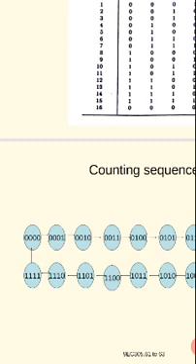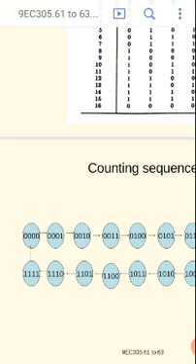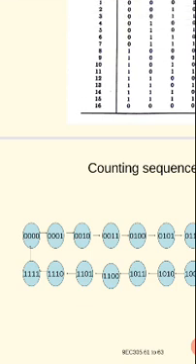After it becomes all ones, it enters into the initial state, 0 0 0 0. That is shown here in the counting sequence.